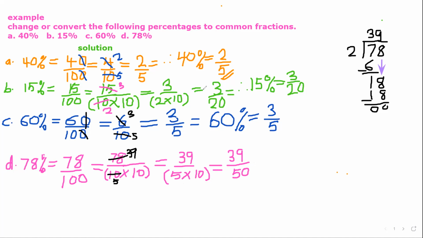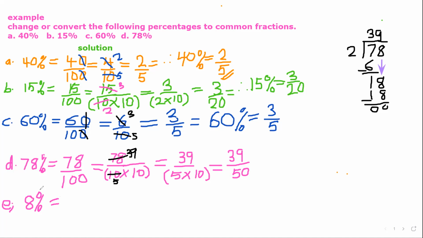Okay, good. Let me add one more to this one, the E. So let's assume that they asked you to change 8%. There wasn't any single percentage, that is why I'm bringing in the 8%. The 8% means what? 8, and like what I said earlier on, this bar here represents the division bar.